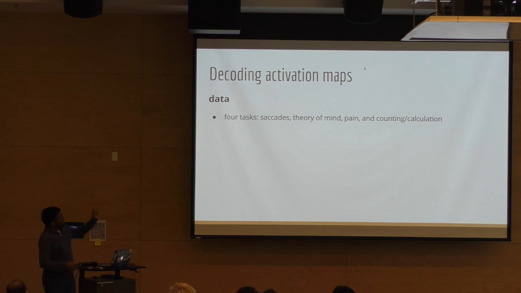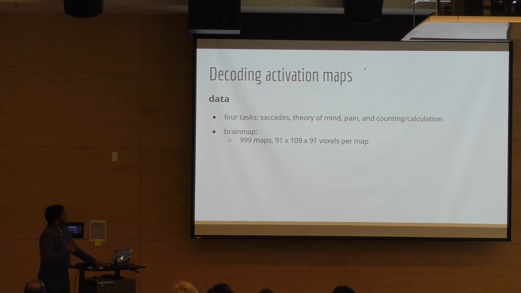The idea is that the brain maps that correspond to saccades and the brain maps that correspond to theory of mind are better separable in a way. So we thought, okay, fine, let's train a classifier and see if we can predict the task from the brain map activation data. So we used data from these 2 different databases.